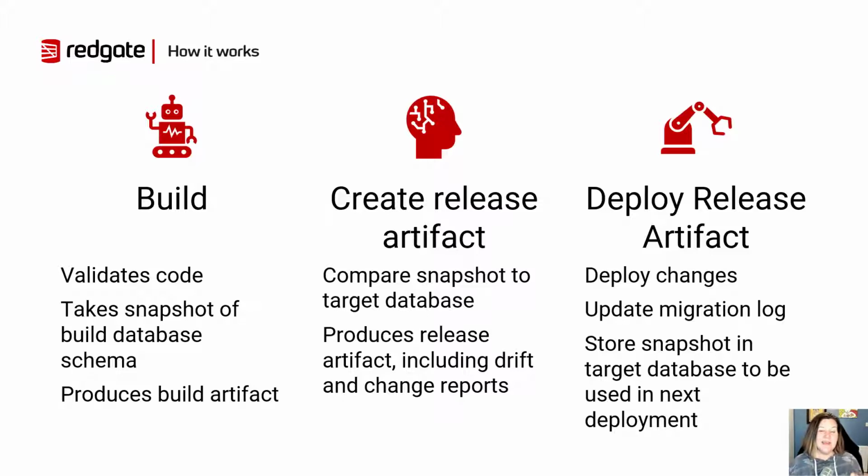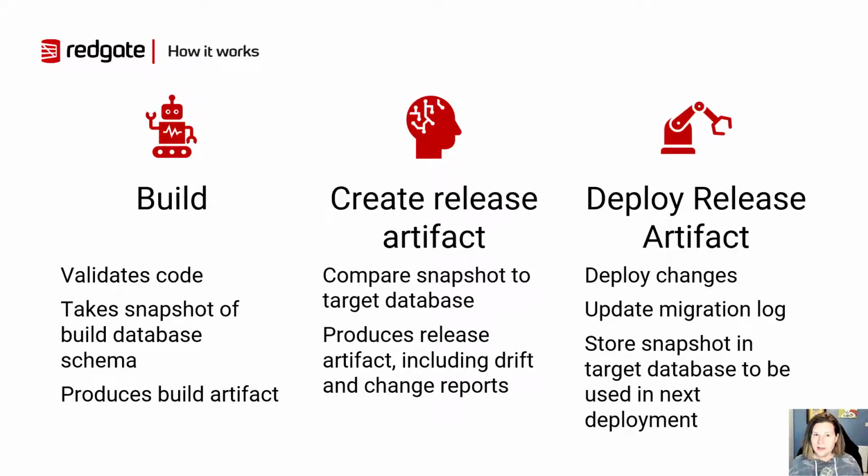At the end of every deployment, we deploy the code to the database, but then also we keep a record of a snapshot of what the code should look like in this schema according to the project. So this is very, very useful that it comes from the project.